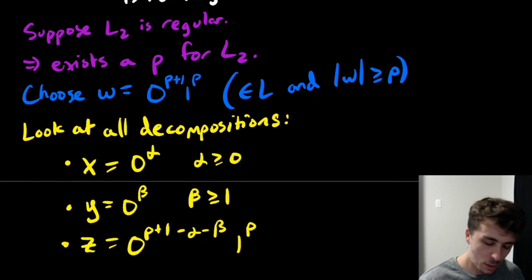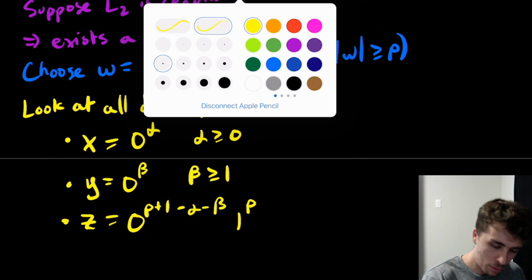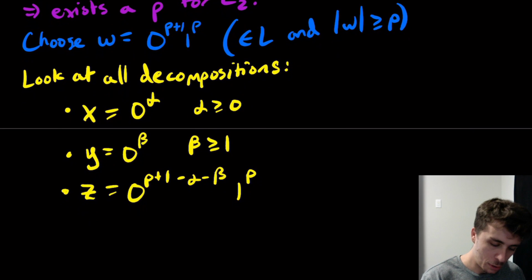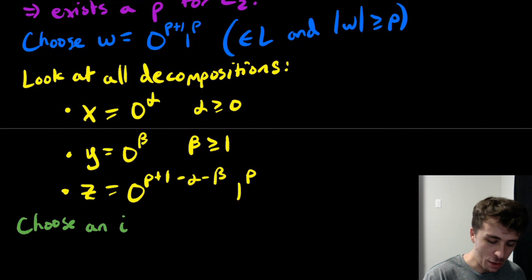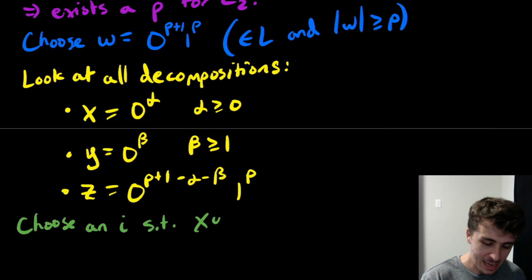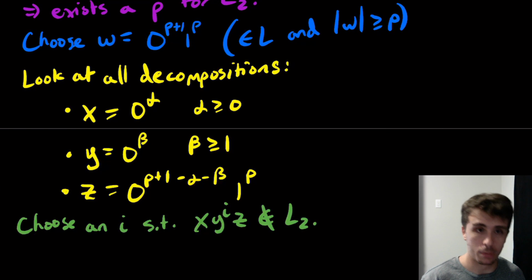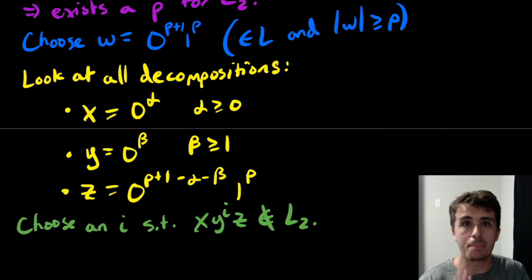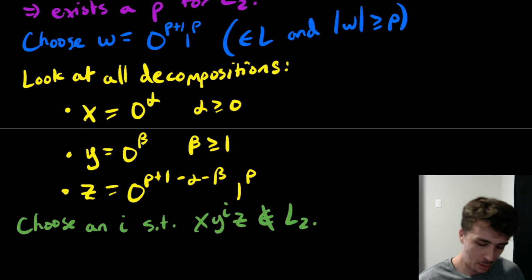Okay, so now, again, we need to choose a value of I such that, now I'll get it right this time, x y to the I z is not in L2. Remember, it can't be in L2 for us to get a contradiction. If it is in L2, that doesn't help us whatsoever in showing that it's not regular. Well, what can we do here?